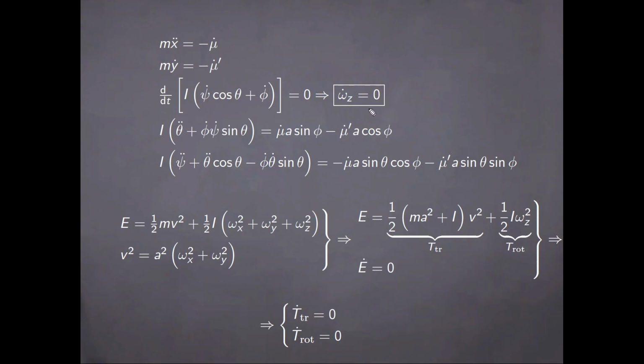But as we have seen, this quantity is conserved and the total energy itself is conserved. So what follows immediately is that the two components are conserved separately. So the rotational kinetic energy is conserved and the translational kinetic energy is also separately conserved.